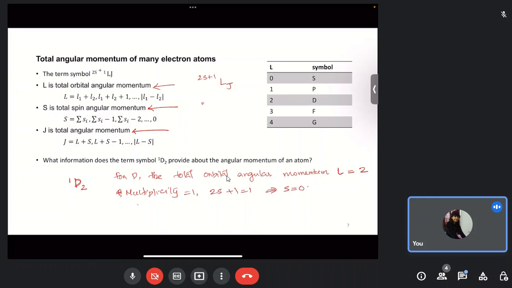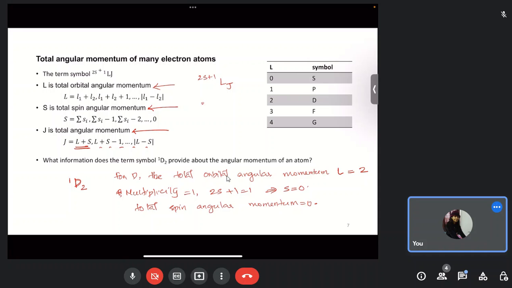So your total spin angular momentum is equal to 0. The total angular momentum J goes from L plus S, through L plus S minus 1, down to the absolute value of L minus S.